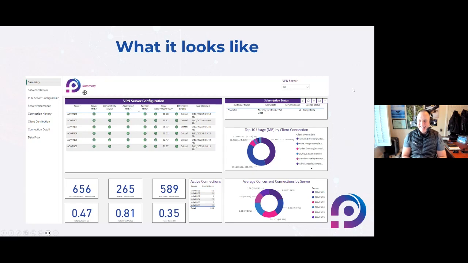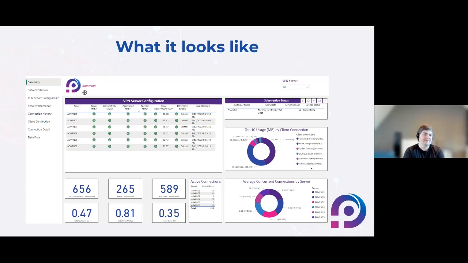Yeah. So the reason we had to build this on top of the RAS solution is because of some fundamental decisions that Microsoft made when they were creating the reporting, many years ago now.